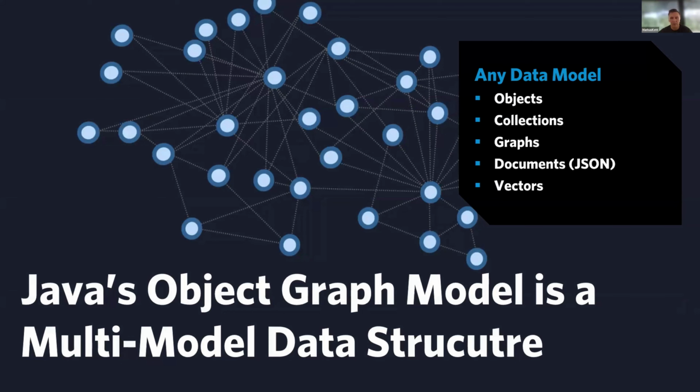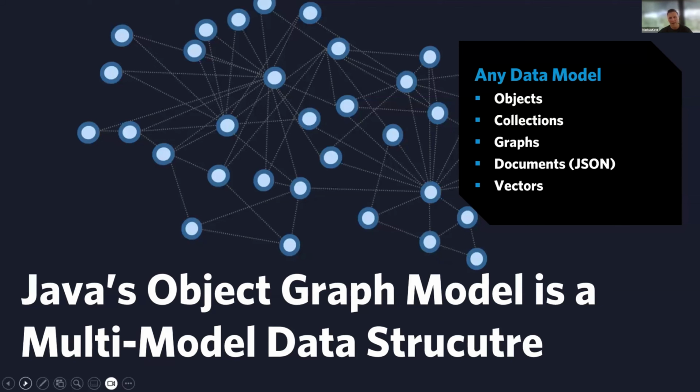And we can also deal with vectors by using vector APIs. In Java, this is not an issue. So we already have the perfect data structure and data model. The only thing missing in Java is that we have no persistence for our objects.